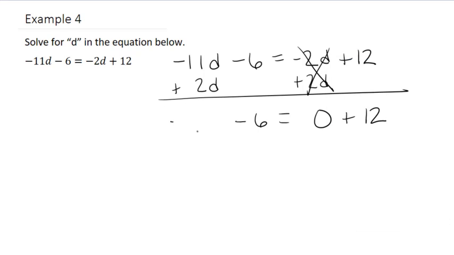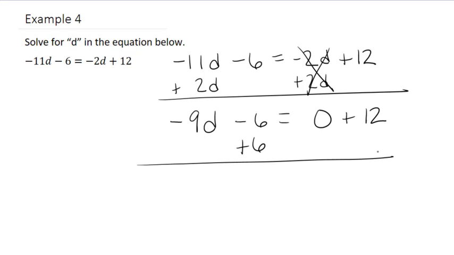So we're not quite there yet before we divide. So what we need to do is add 6 to both sides to get the numbers on the right-hand side of the equal sign. So this gets rid of the 6 on this side. Now we're left with negative 9d. So 12 plus 6 is 18.